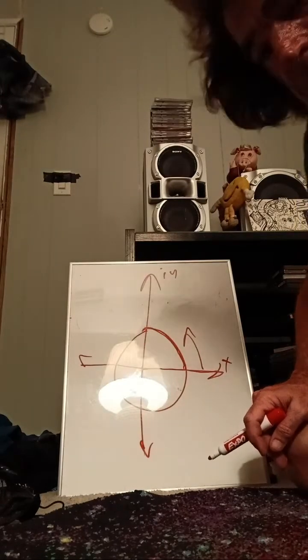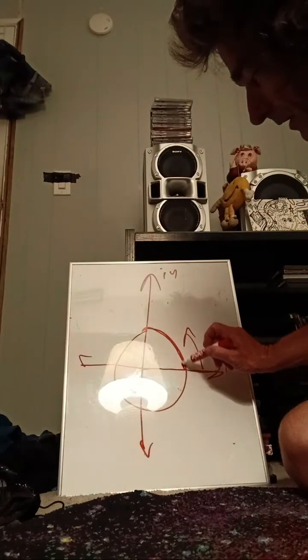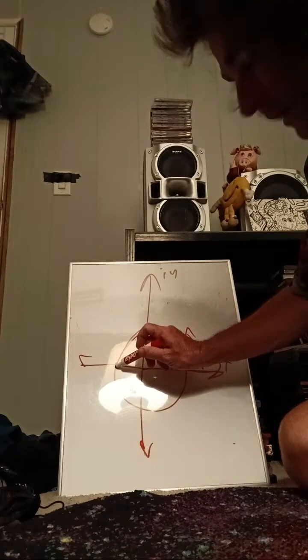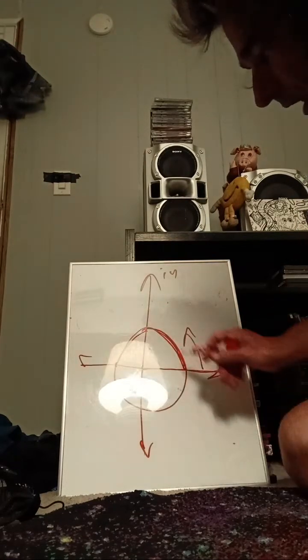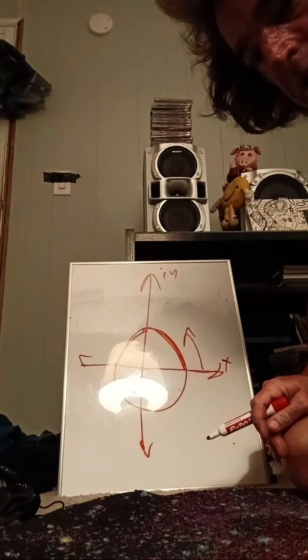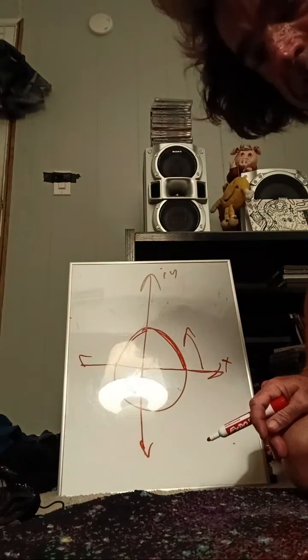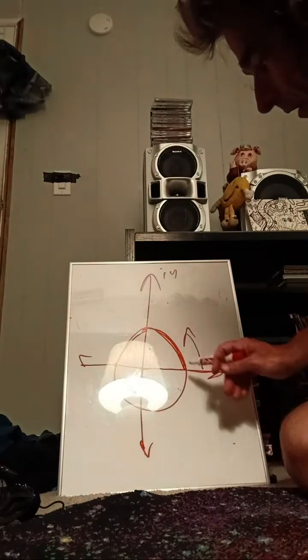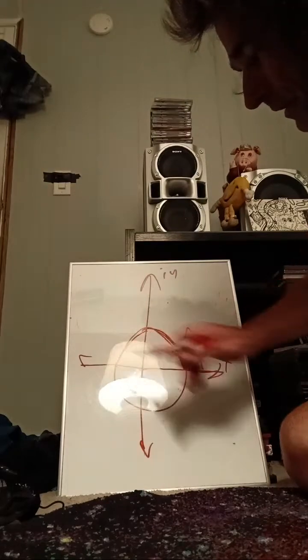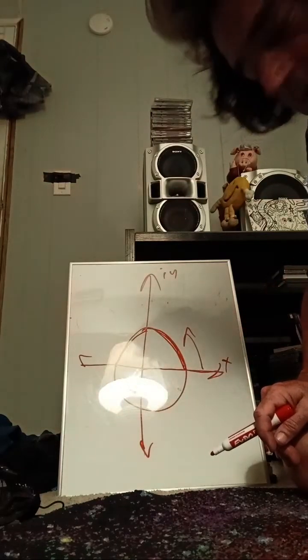Okay, so let's see what we can do with this. Let's make theta 180 degrees, which is pi, because half of a revolution is half of 2 pi, and half of 2 pi is pi. So a 180 degree angle would be pi radians.